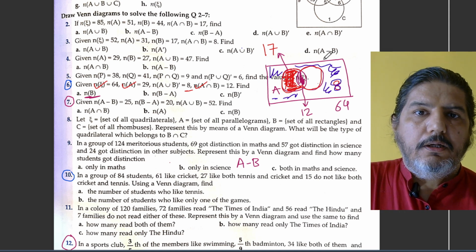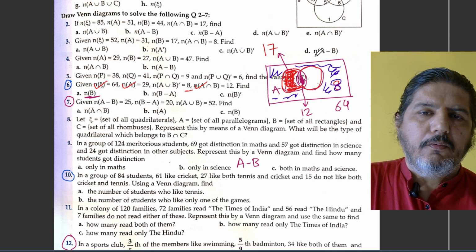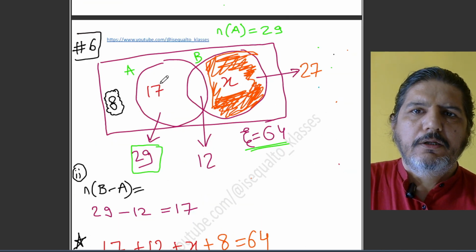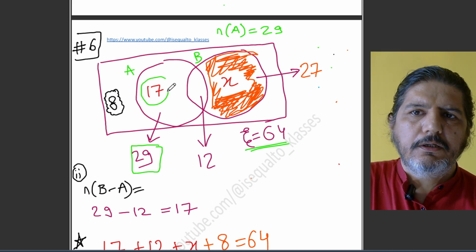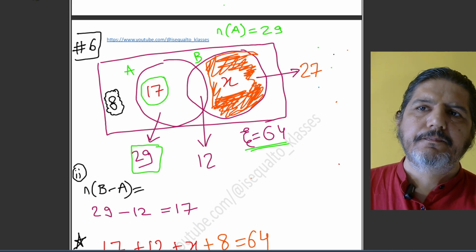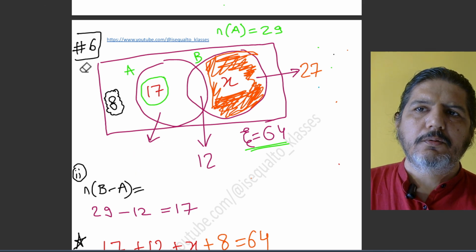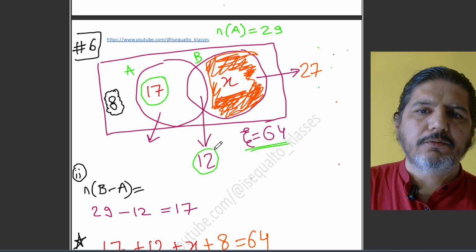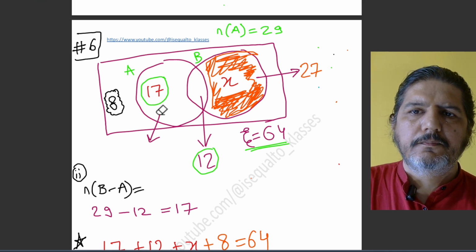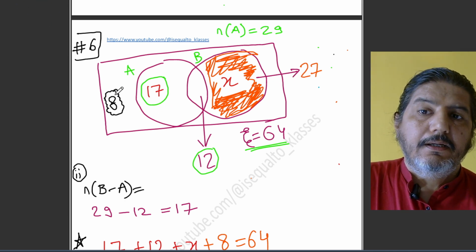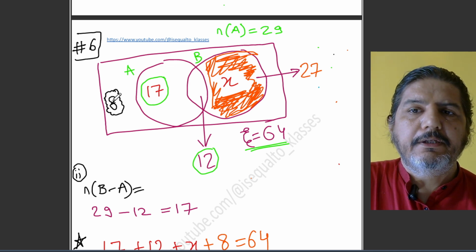Now, I'll show you in this figure. This part is 17, the exclusive A part, which is only in A. The intersection part is 12. The part which is neither in A nor in B is 8.